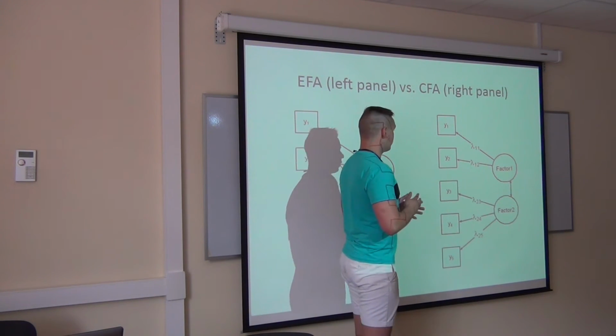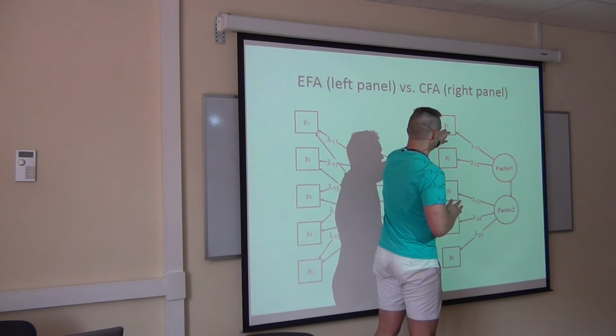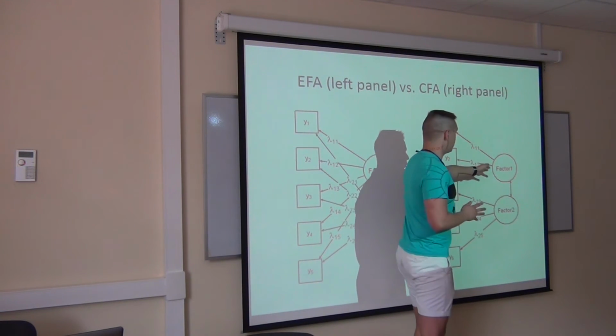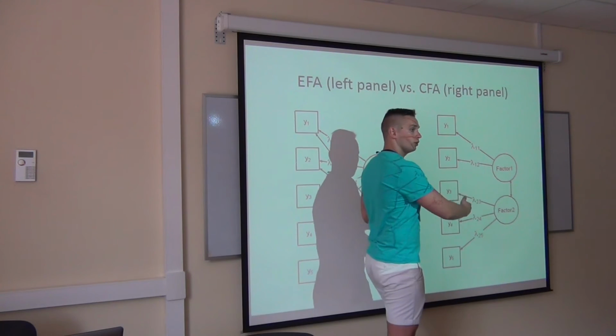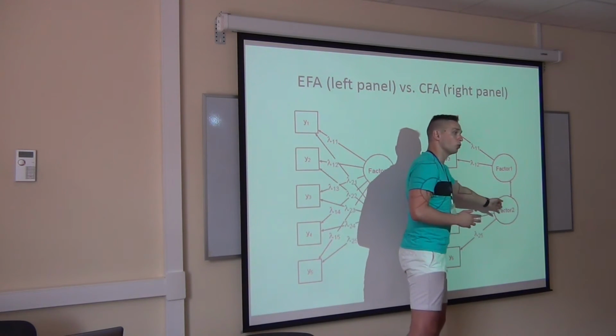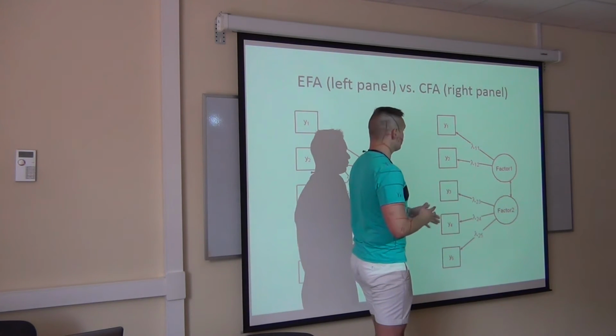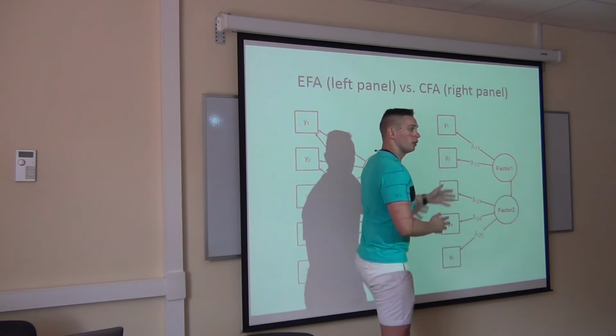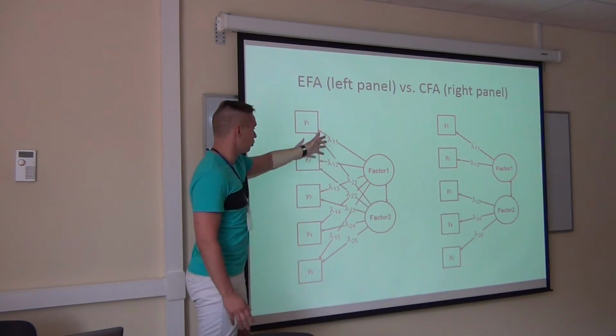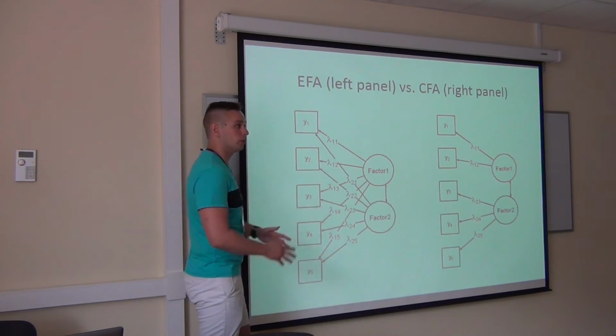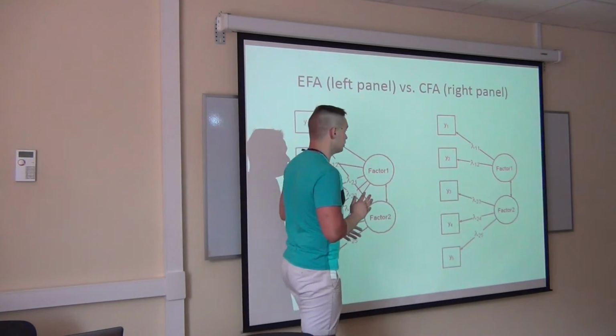For example, we can find that these indicators correlate not only with the first factor as we assume initially, but also with factor 2. And we can test whether this additional correlation is significant. Here we simply estimate all possible correlations in the model between latent variables and observed indicators.